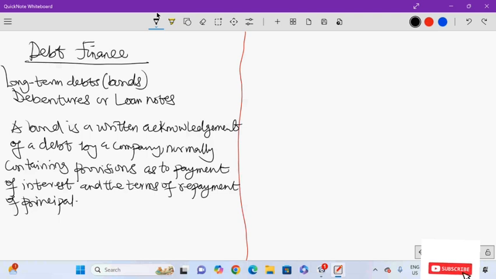The debentures may be a secured debenture or an unsecured debenture.